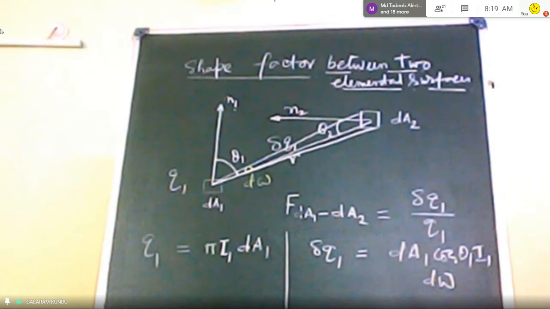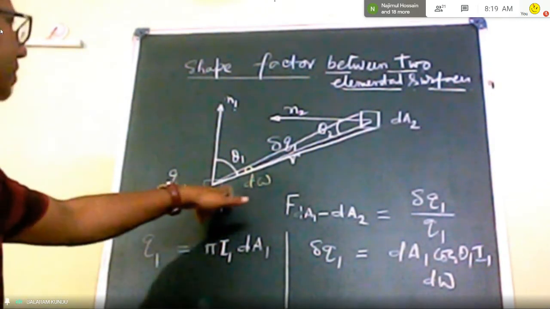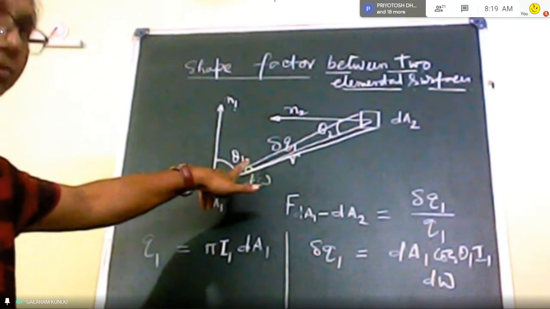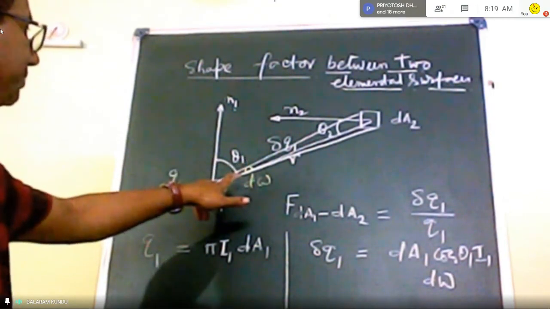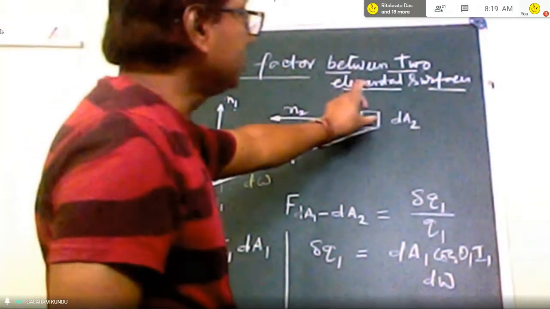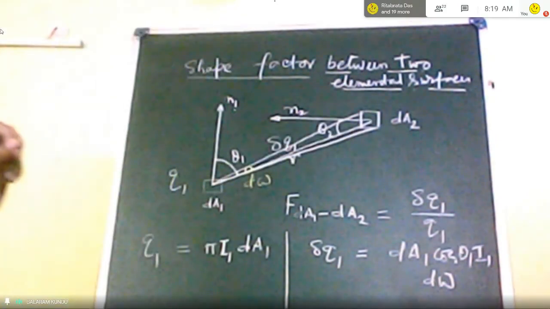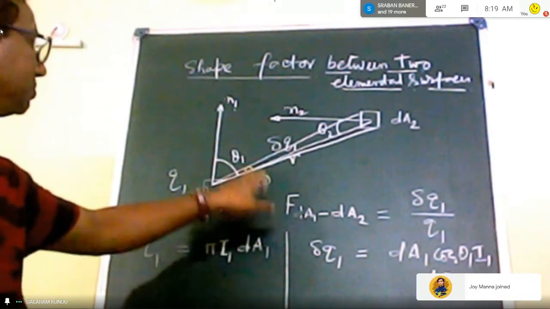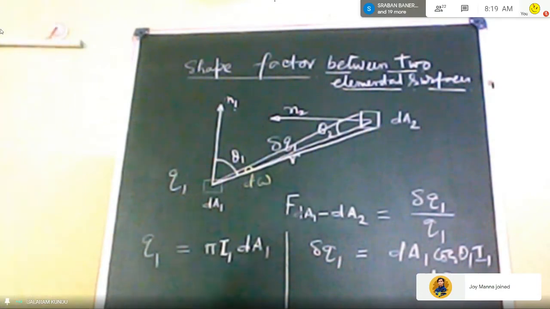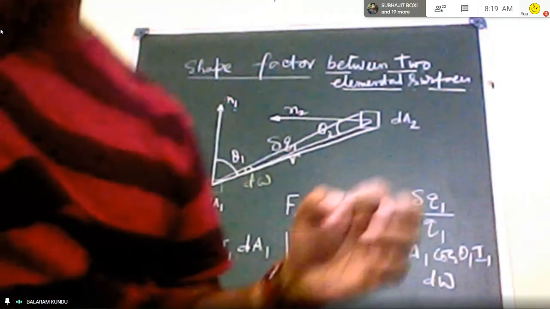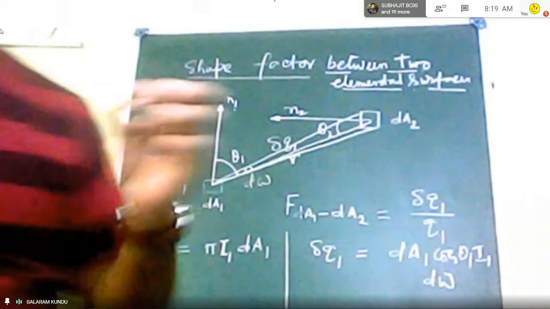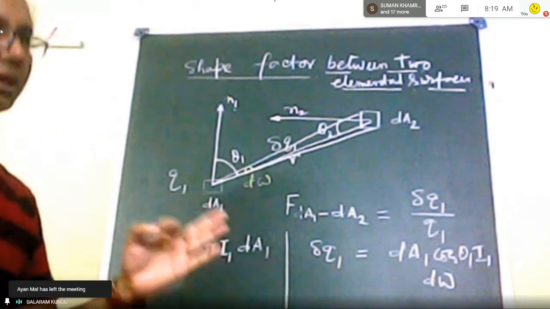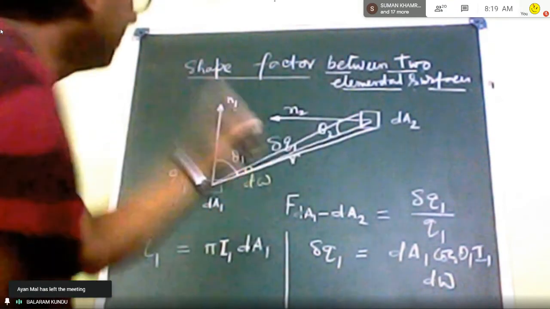Obviously this angle is subtended at the point for the surface dA2, because energy emitted from this surface just strikes the surface dA2, and that amount we want to determine. We know that d omega equals dA divided by R square, where dA means the perpendicular area in the R direction for surface dA2.